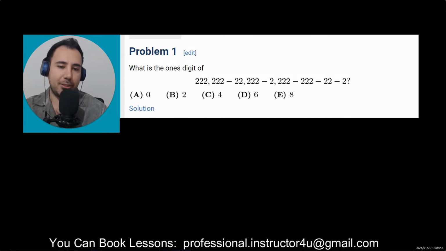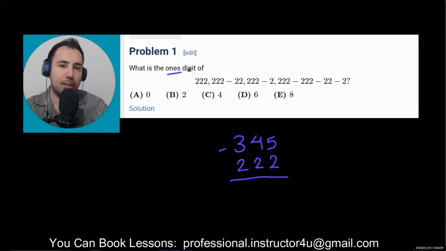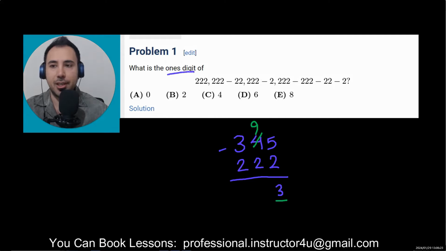All we have to know is, when we do subtraction, for example, 325 minus any number, 222, what is the ones digit? We just do 5 minus 2, which is 3, right? This is what we always do. But we just have to notice that if I turn this 5 into a 9, does the ones digit change?